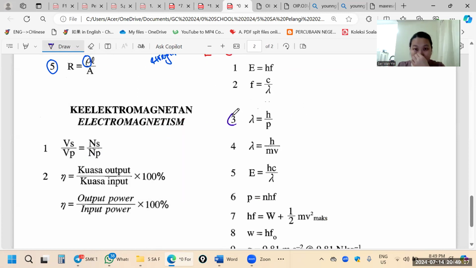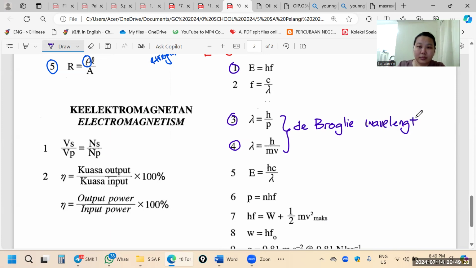So it's number 3 and number 4. Number 1 is just now E equals hf, the quantum energy, photon energy. Where does this come from?